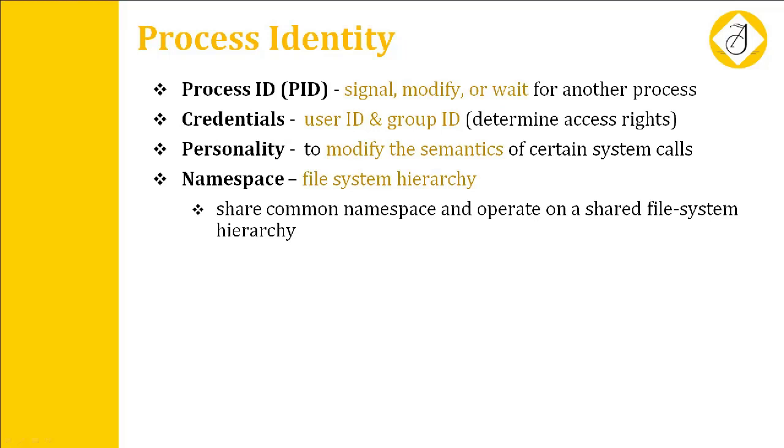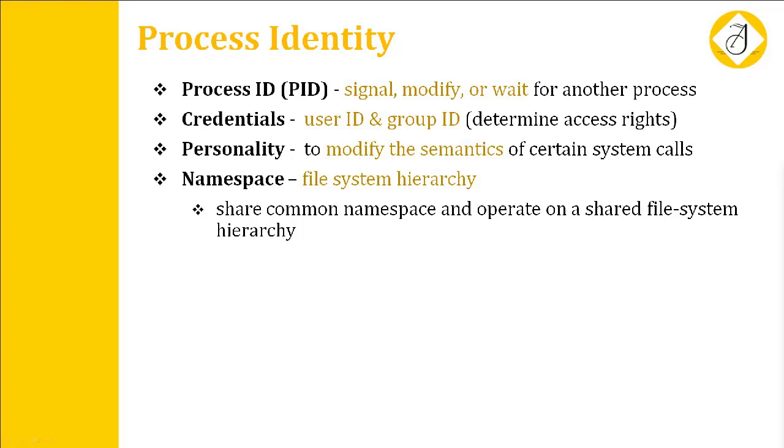The process identity contains a few parameters, the process ID. This is a unique identifier for the process, and it is used to specify the process to the operating system when the application makes a system call either to signal, modify, or to wait for another process.